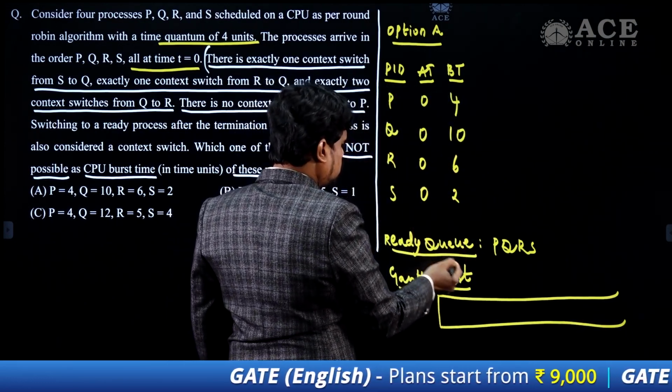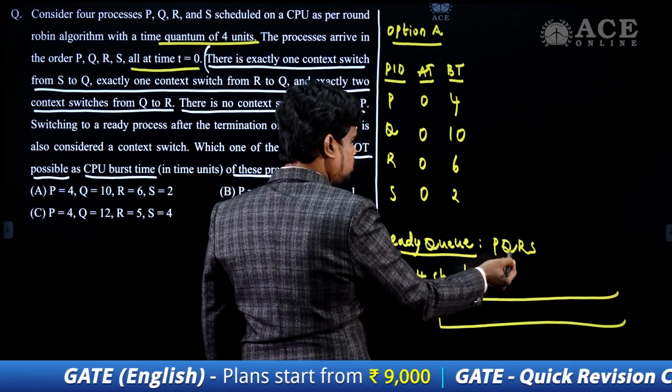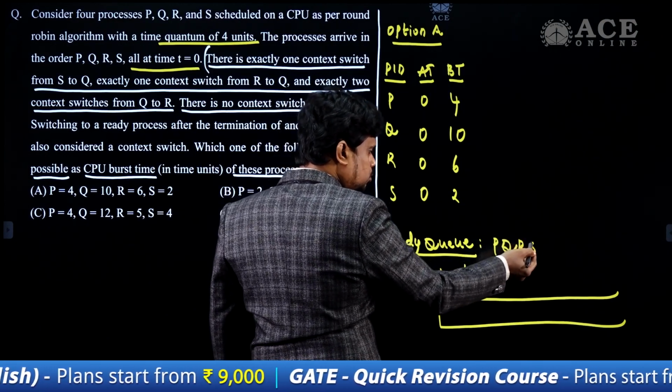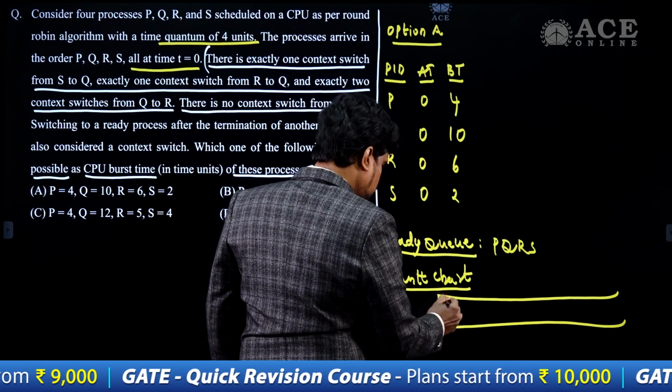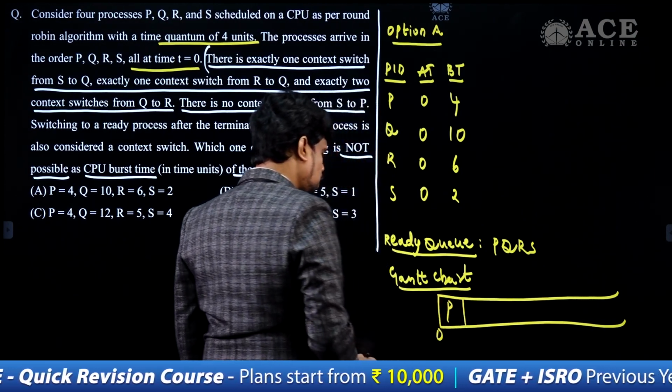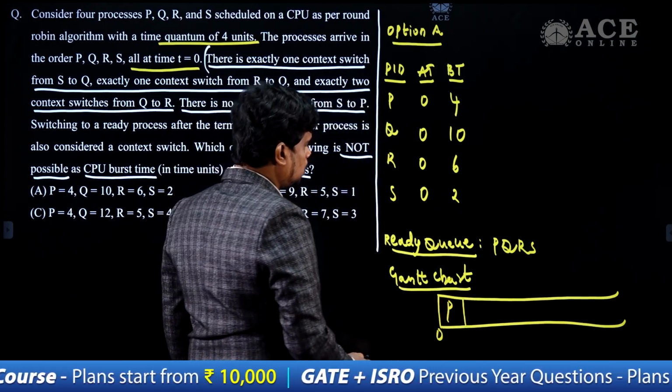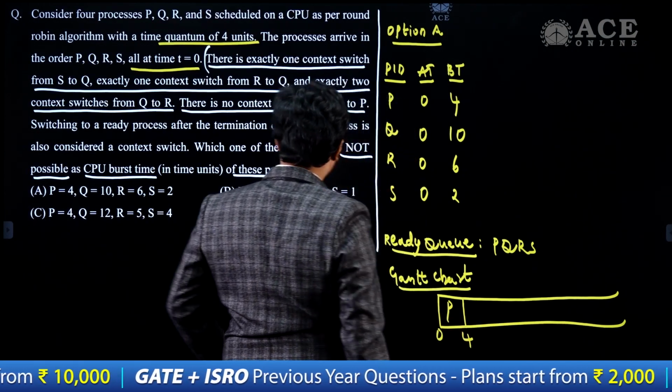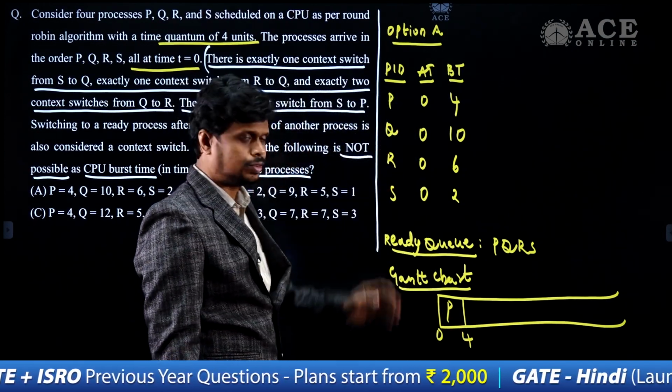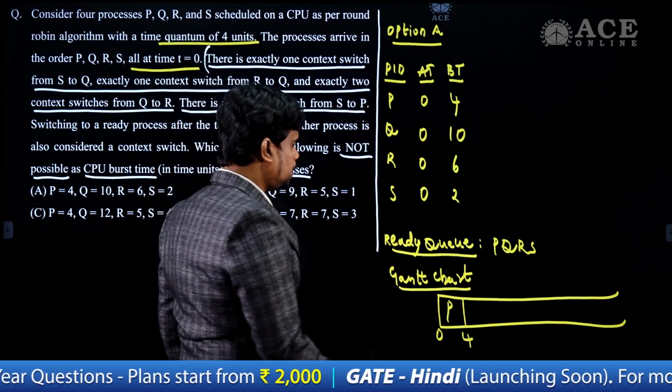At 0, all 4 processes are in the ready queue, but among them the first process is P. So we hand over P to the CPU and it gets executed till 4 units, because the time quantum is 4 and of course the burst time is also 4. With this execution, P is finished.